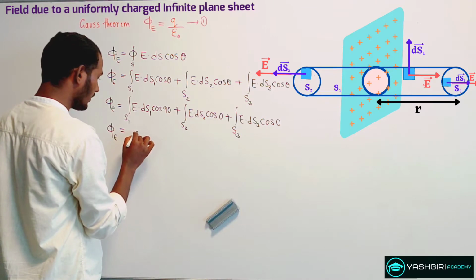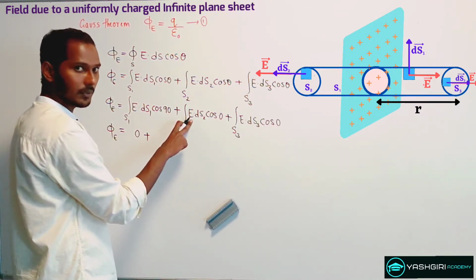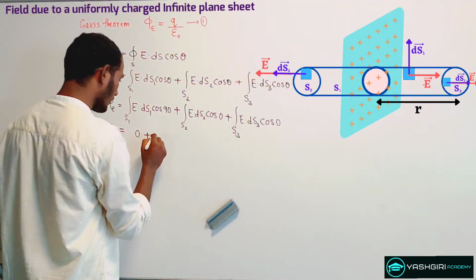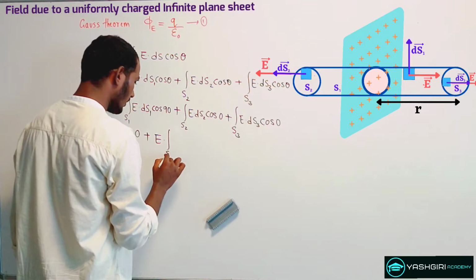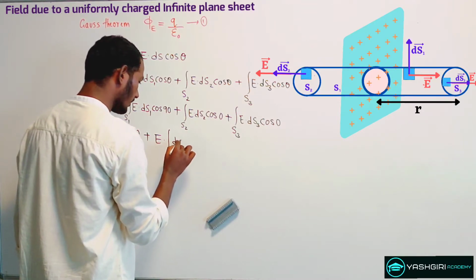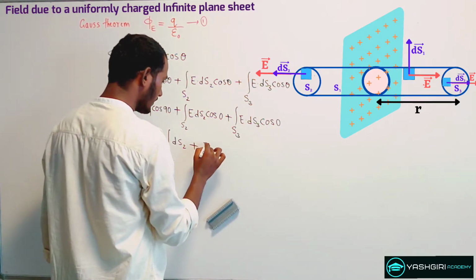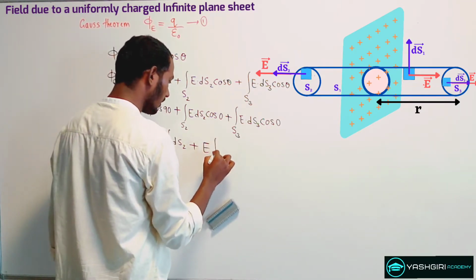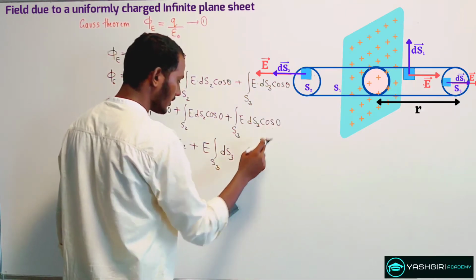So it will be 0, plus the electric field E here is a constant, correct? So E is a constant, and I can just take this out. It will be the integral over S2 of ds2, and cos of 0 is 1. In the same way, this is the electric field, I can take it out. Here it will be the integral over S3 of ds3, cos of 0 is 1.